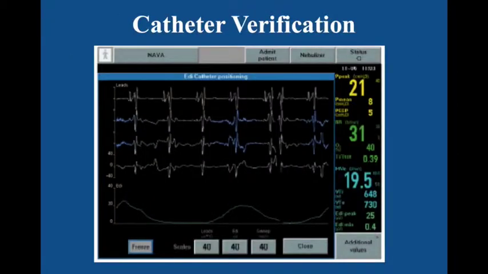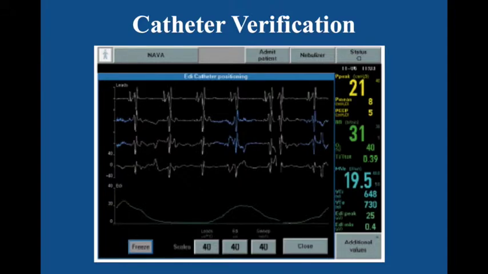Then I want to talk about the catheter verification. We can look here: the P wave and the QRS wave are present on the top leads, and the P wave disappears on the lower leads, with a decrease of the QRS amplitude. So we can see that the QRS amplitude decreases and the P wave disappears.